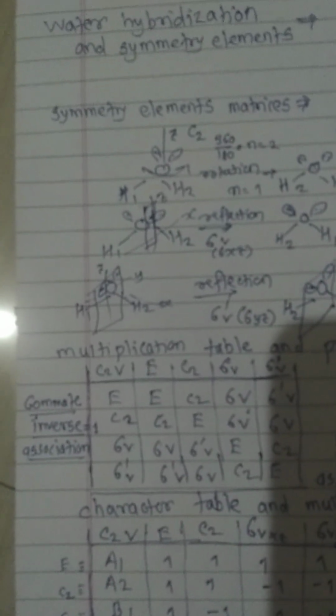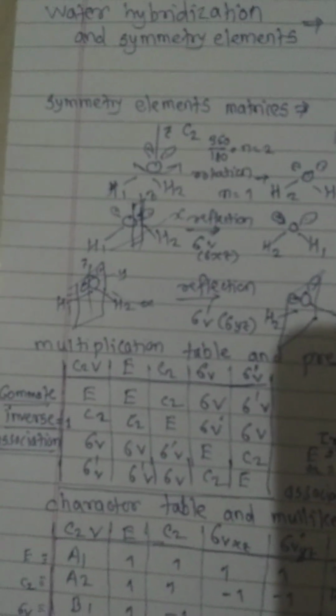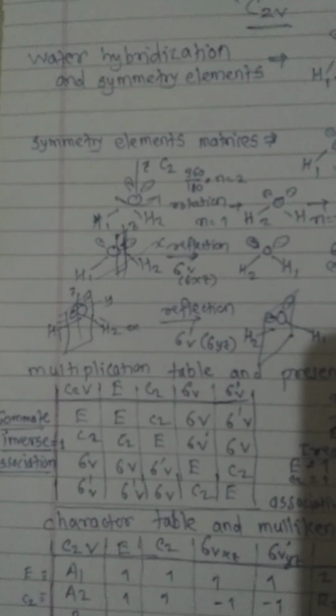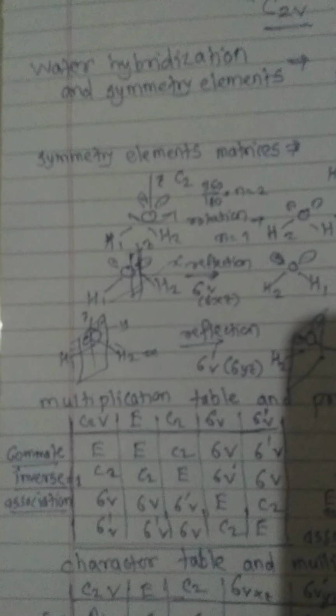Here the inverse will be obtained with the identity, so the value will be 1 for the water. The associative law also will be followed by the symmetry elements of the water. Association means when one symmetry element is multiplied by another, that gives a different symmetry element, and when the square of the symmetry elements is taken, we get the identity. So here the associative law can also be applied to the water.